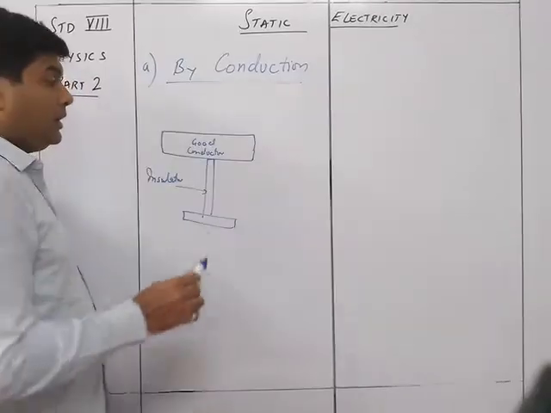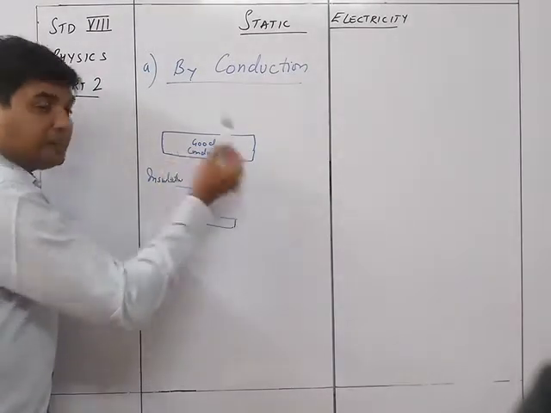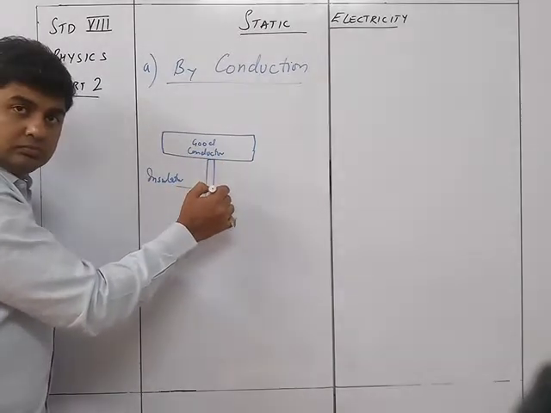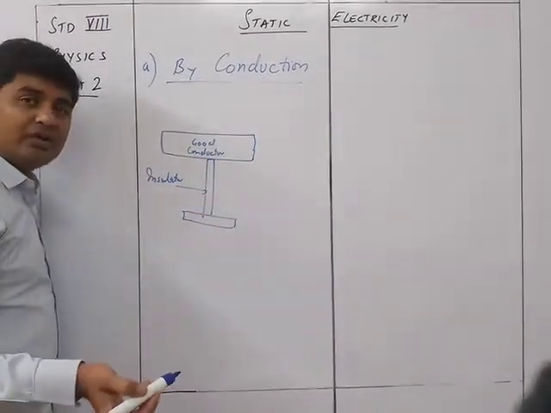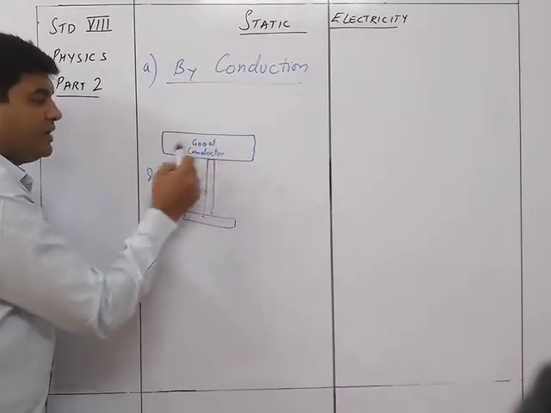That means even if there is a charge present over here, it has nowhere to go except this particular conductor. It cannot travel down because it's an insulator. It will not allow the flow of electrons. The electrons can move only within this particular area.